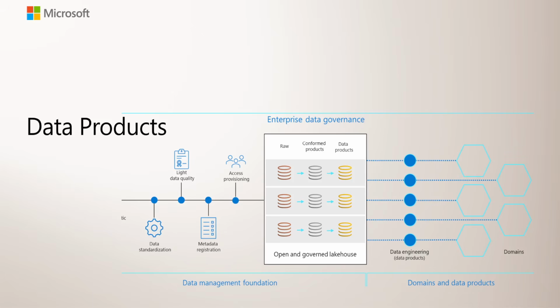Data products can be derived from other data products. So think about the scenario with a central IT building up an ERP ODS. That ERP ODS can then serve as a data source for the finance domain's data models and their data products. And then the third principle is that data products must be published out of the gold zone.